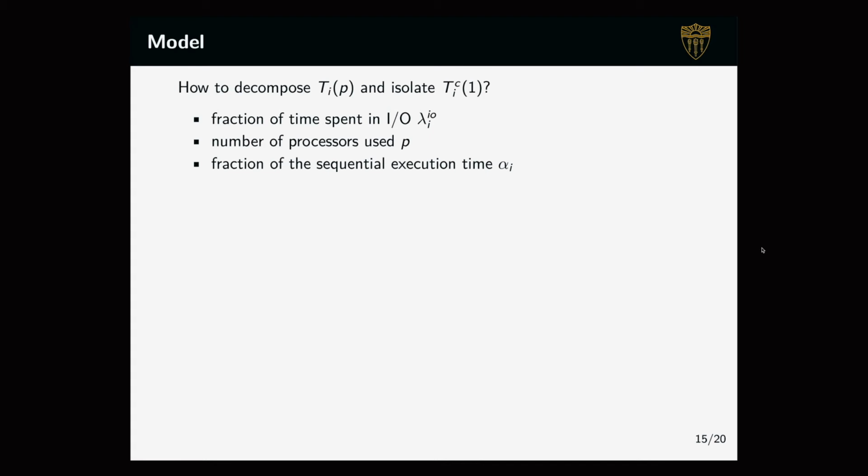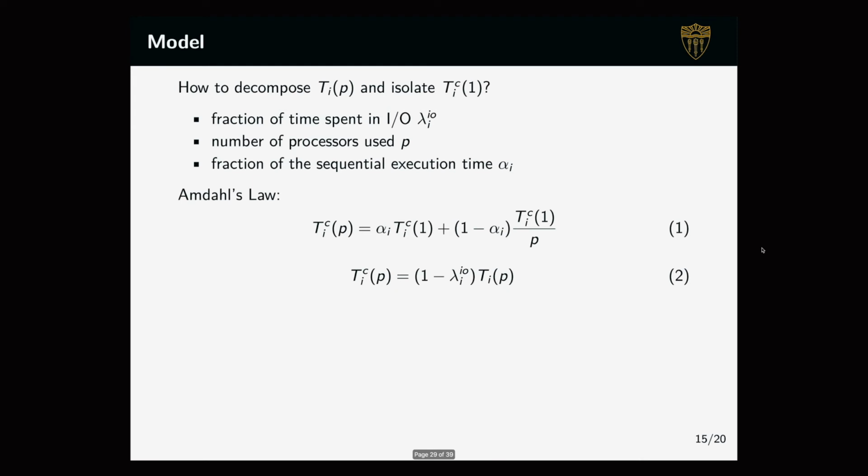We have the fraction of time spent in I/O called lambda I/O, the number of cores used called P, and the fraction of the sequential execution time called alpha_i. First, we need to take into account the multi-core impact.